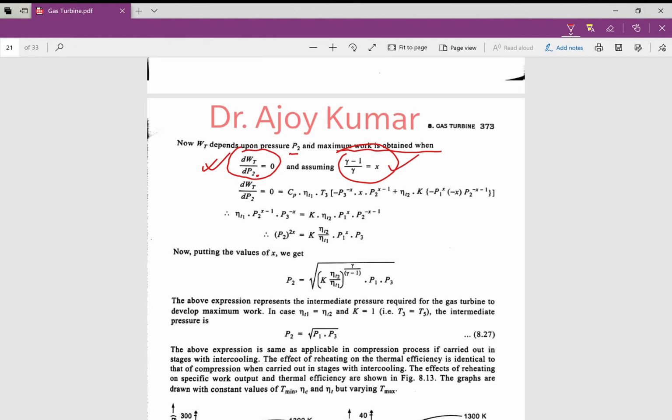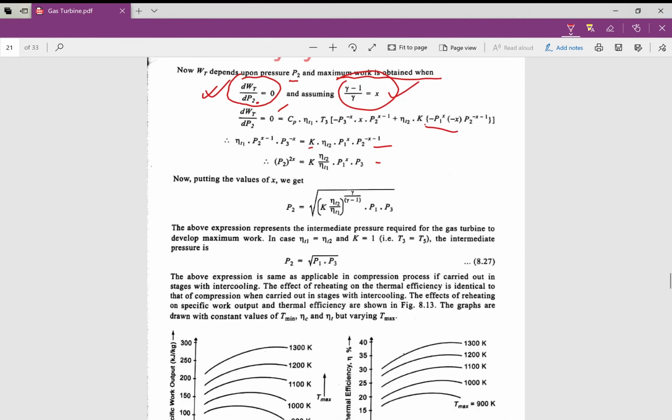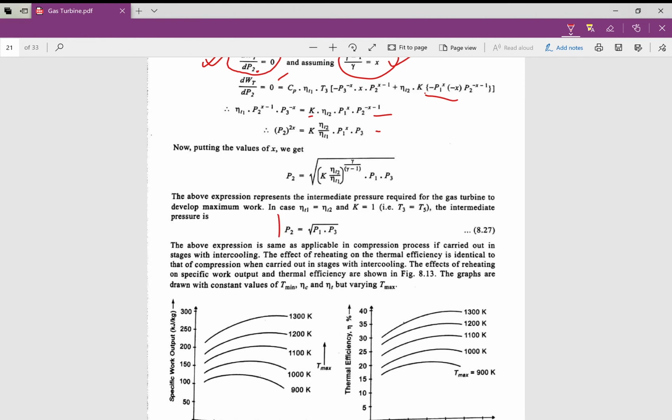So just keep on differentiating like this. Right? Again K comes into the picture. Proceed in this way. Finally we can get intermediate pressure P2 equal to under root P1 into P3. So P1 is the minimum pressure, P3 is the highest pressure, and the intermediate pressure we can get like this.